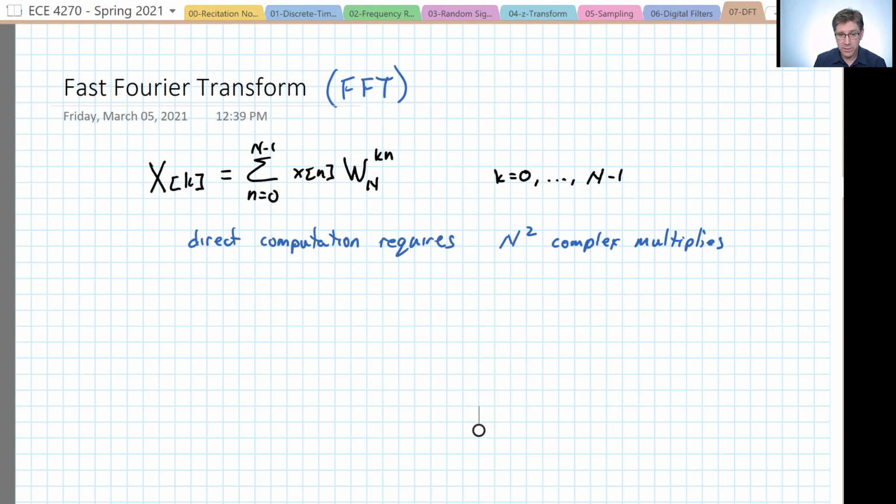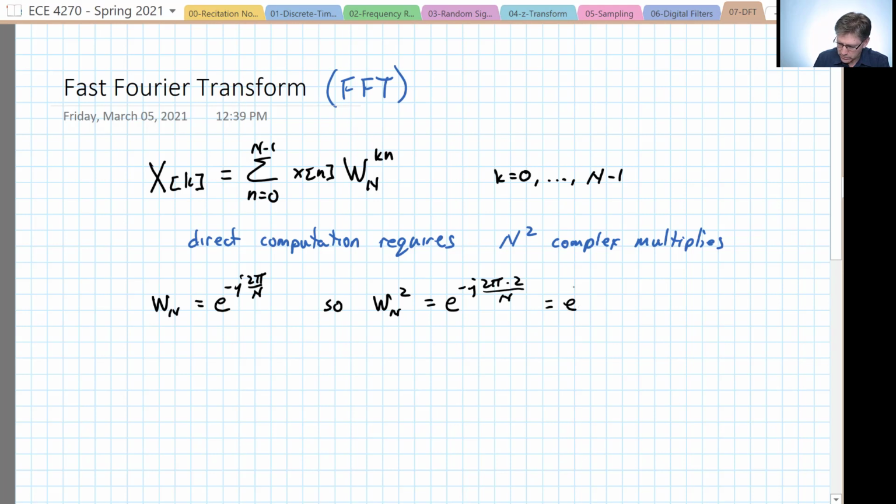One other thing that we'd like to point out is, remember that W_N is equal to e to the negative j 2 pi over N. So W_N squared is equal to e to the negative j 2 pi times 2 over N, which is also equal to e to the negative j 2 pi over capital N divided by 2.